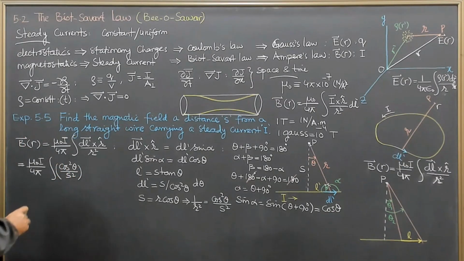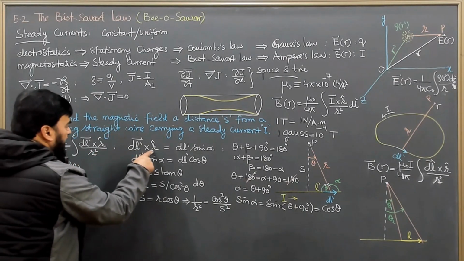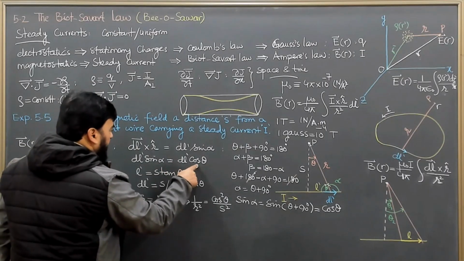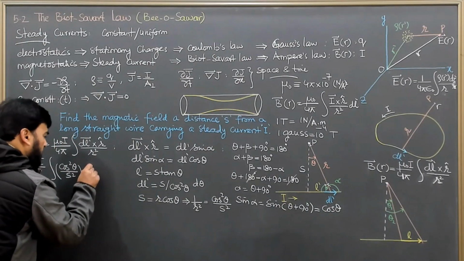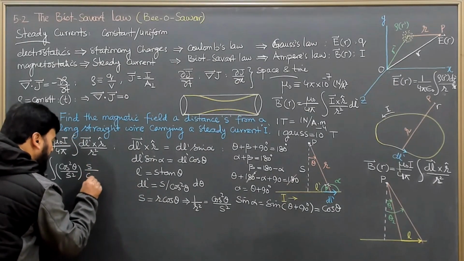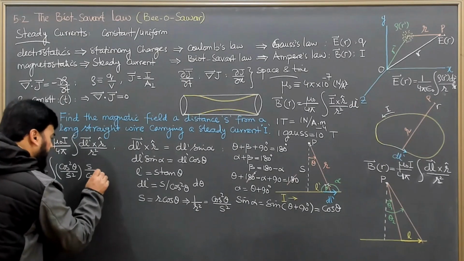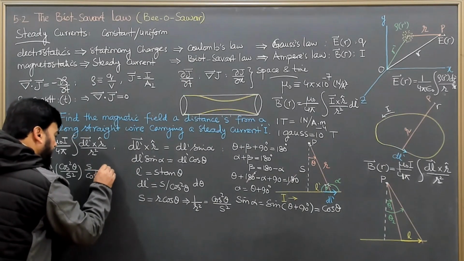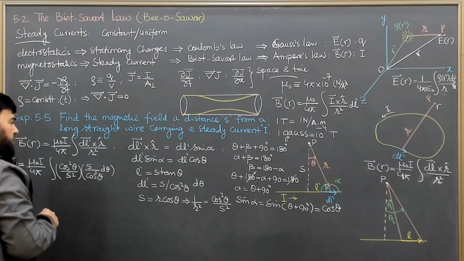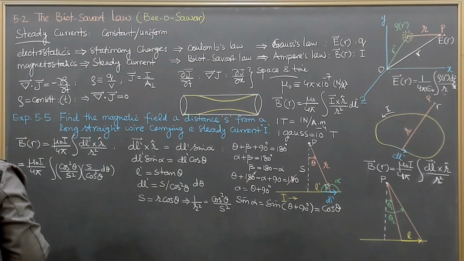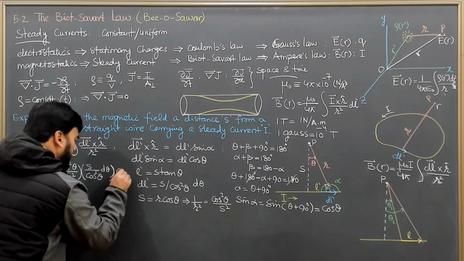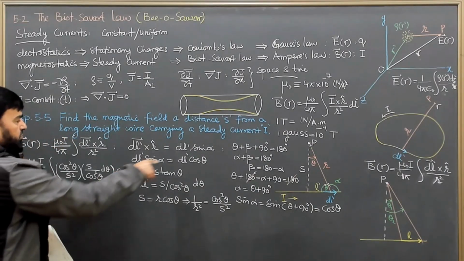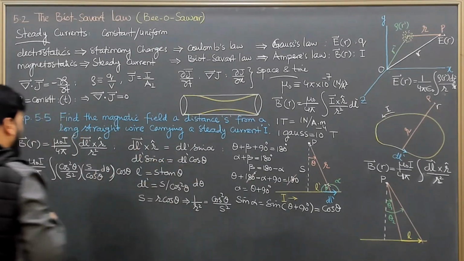This I will write for 1 over r square, and for dl cross r, I will write dl prime cos theta, and for dl prime, I will write s over cos square theta d theta, and for the other one, I will write cos of theta. So cos theta will come here with this.